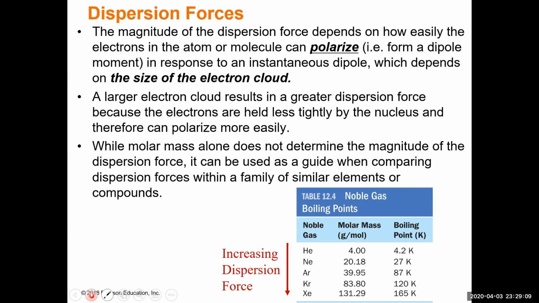In other words, how easily they can form a dipole moment in response to the instantaneous dipole of its neighboring atom. And this will depend on the size of the electron cloud. The larger the electron cloud, the greater the dispersion force, because the electrons are held less tightly by the nucleus, and therefore those outer electrons can polarize more easily.